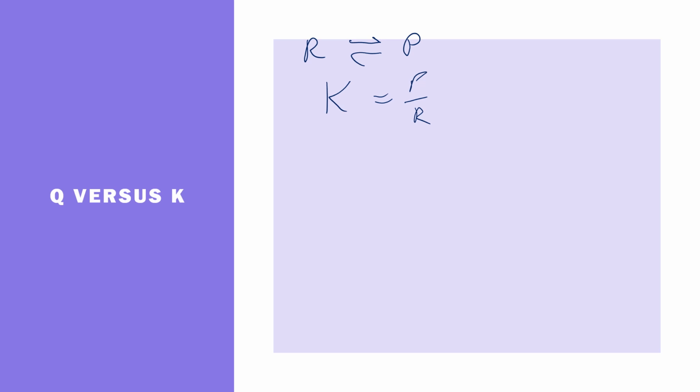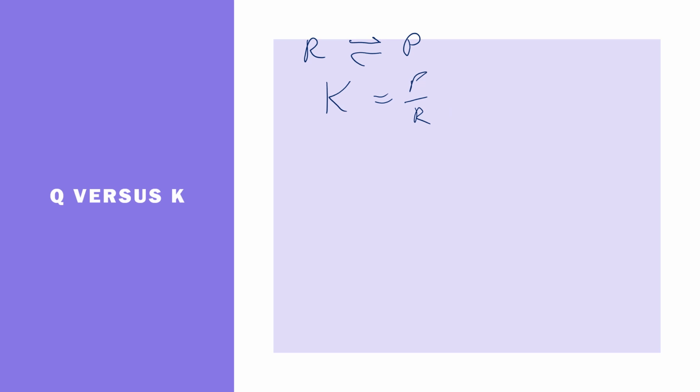So by the time you reach equilibrium, the amounts of products and reactants stay constant, but they're not necessarily equal to each other. If you have more products, you're going to have a larger value of K because you'll have more on the top of that fraction, and if you have more reactants, you will have a smaller value of K because you'll have more on the bottom. But no matter what, it indicates there's a ratio of the amounts.